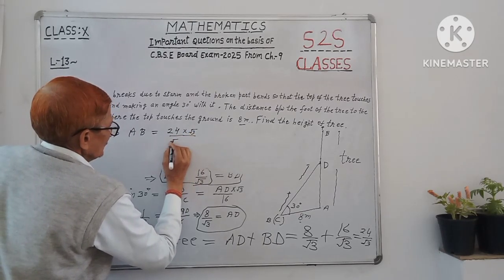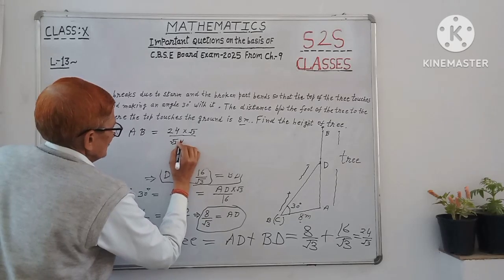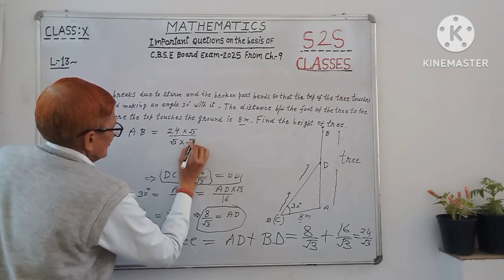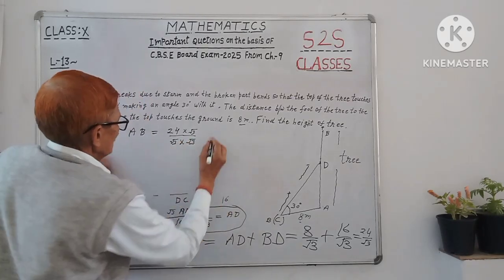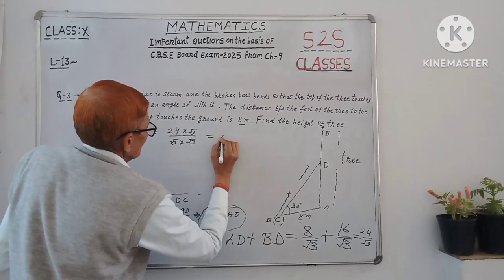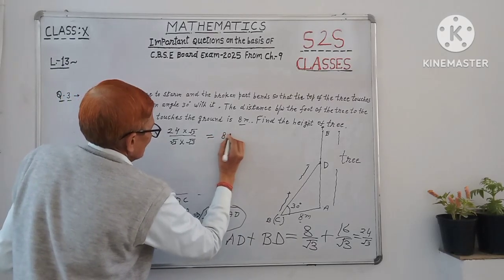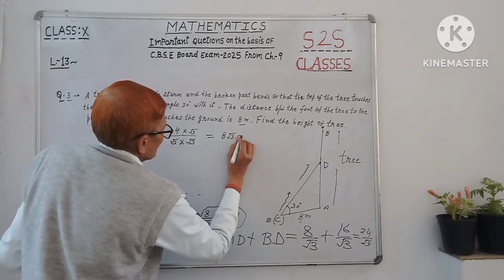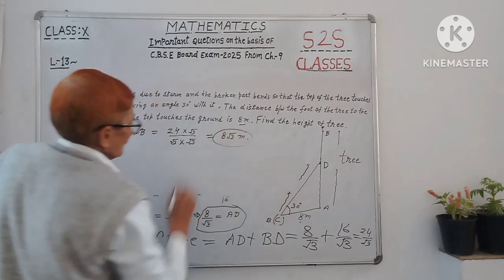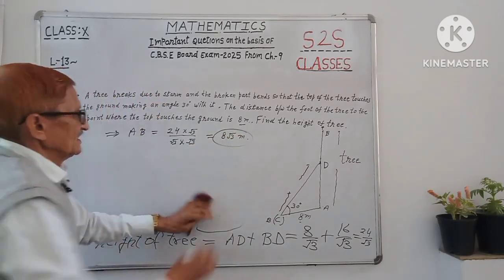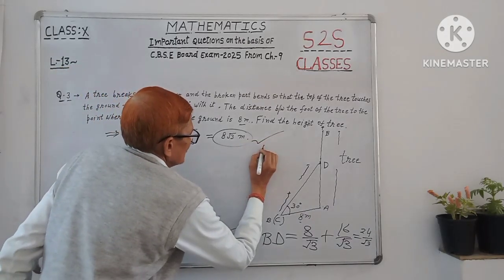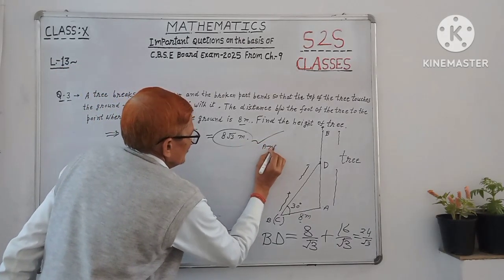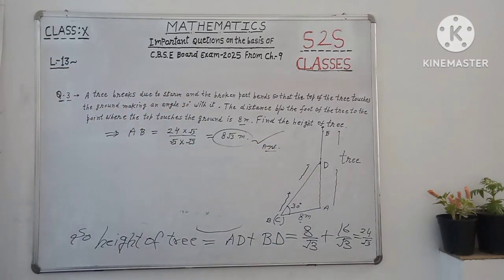So √3 into √3 is 3. Then 3 times 8 is 24. Then 8√3 meter. So what was the height of the tree? 8√3 meter. Answer. Like this.